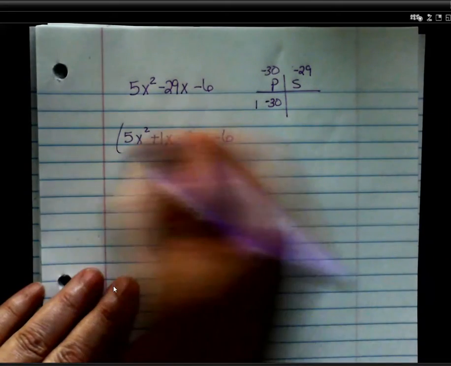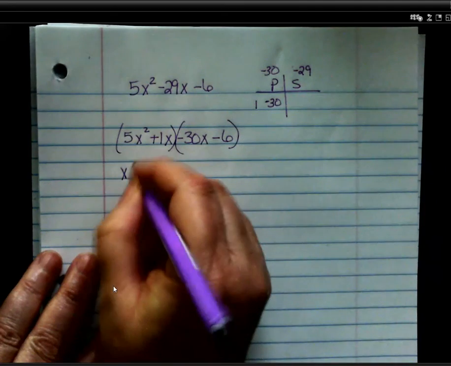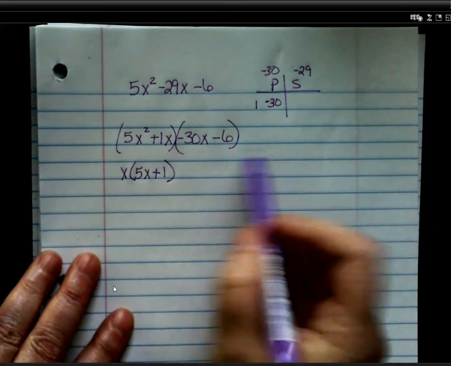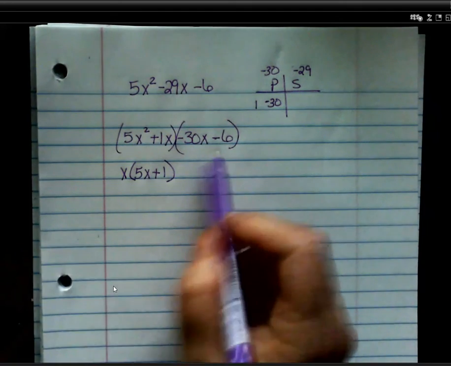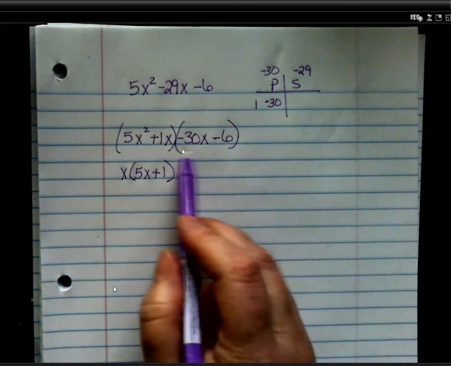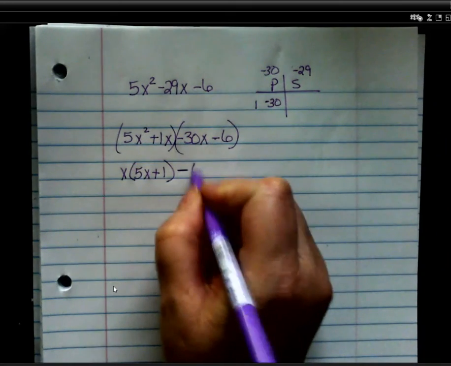And this one's a little tricky, and let me tell you why. When I group these two together, I'm taking out an x here, leaving me with 5x plus 1. Here, this is a minus, and this is a minus, but they need to both be positive. So when I pull out my number, I'm actually pulling out a negative 6.